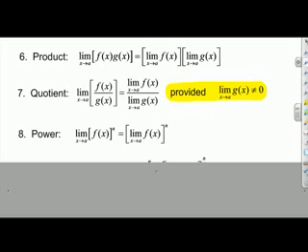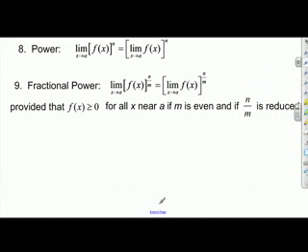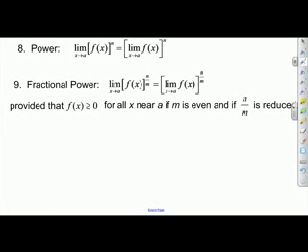And then finally, the last rule is a specific version of the power rule, the fractional power. The difference here is that our power is a fraction, and there are a couple of things we have to consider.